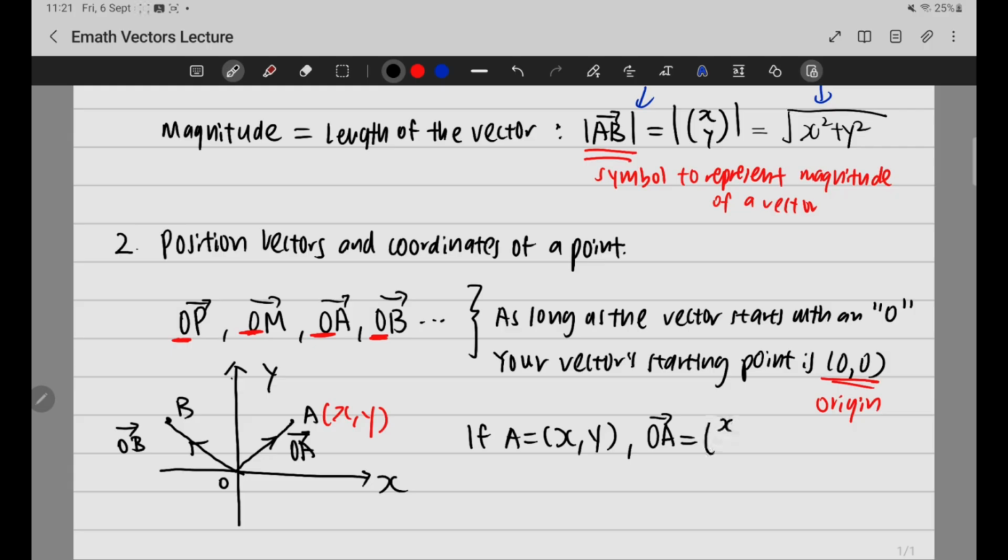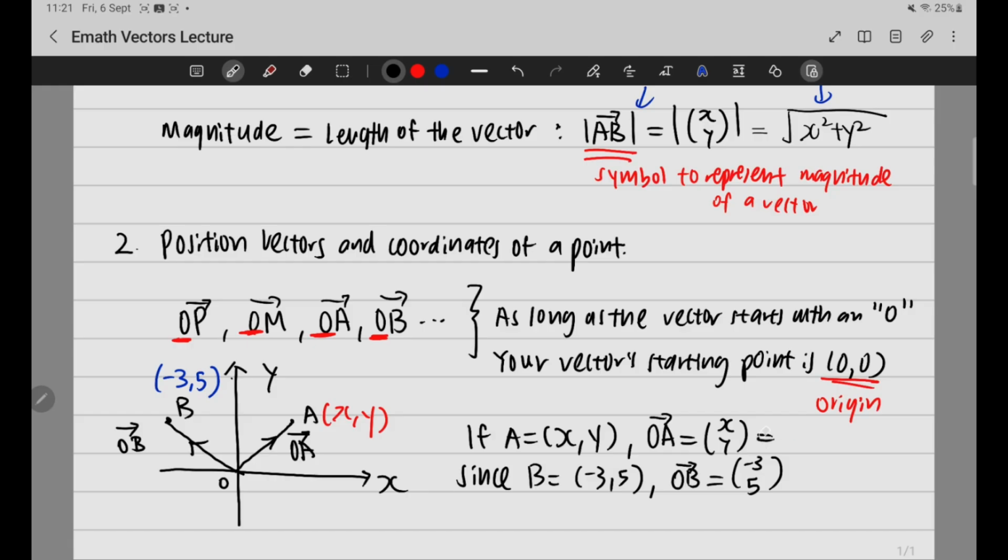You will represent OA as such. If I give you an example, let's say B is (-3, 5), therefore OB can be represented as (-3, 5).